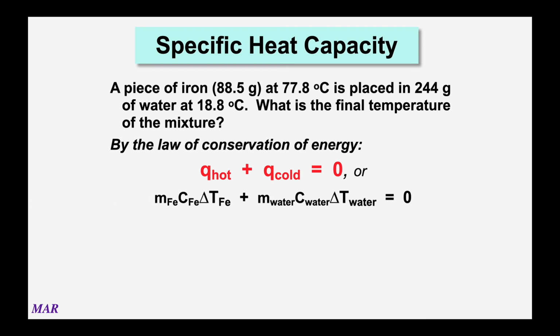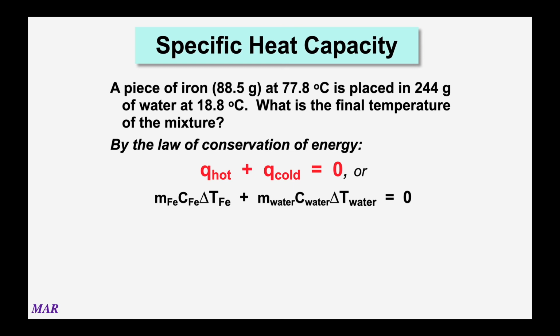Now, conservation of energy says you can't create or destroy anything. So if we take the energy of the hot iron, the Q hot, and we add it to the energy of the cold water, Q cold, that's going to equal 0. That's what it means to have a conservation of energy. You're not making or destroying any energy. Now, each of those Q's is going to have their own MCΔT. So the iron is the hot part.